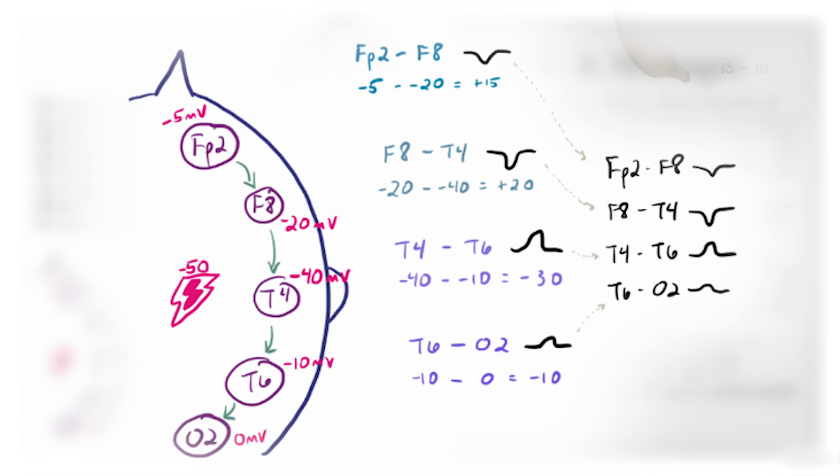The way we can tell is that if we look at the raw EEG data, the squiggly lines, we will see a deflection downward at FP2 and F8. Then that deflection becomes bigger as we get closer to the electrode that is closest to that activity.